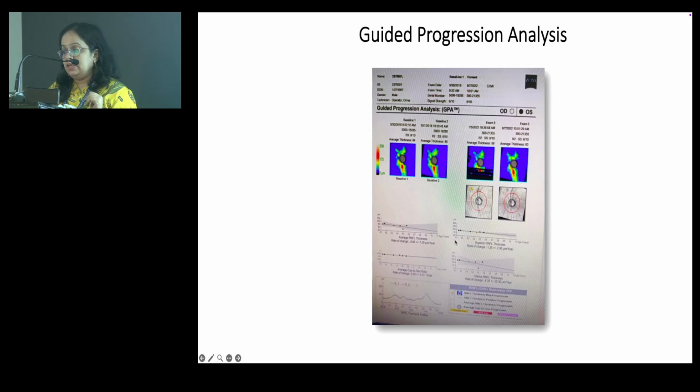You can get superior, inferior, nasal, and so on. For each value, you should have two baseline values and current values also. It's better to have all reliable OCT values, and the system will tell you how the thickness is behaving over time, whether it is decreasing, whether the disease is progressing. So you can have a guided progression analysis.